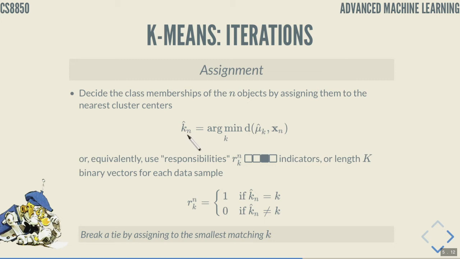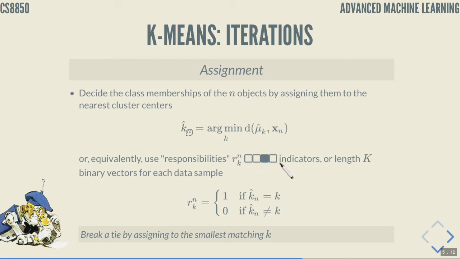Basically, for the nth sample, the class membership is the argmin of the distance to the already estimated means from that sample. Although it may look complicated right now, it will help us deal with even more complicated problems and generalize the algorithm, so let's define the responsibilities.